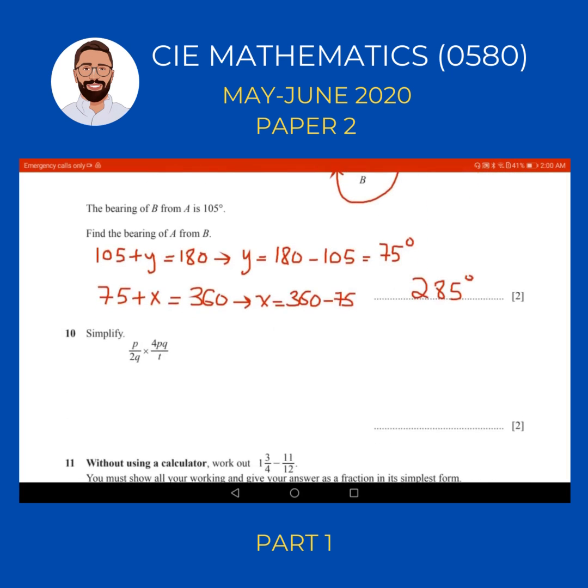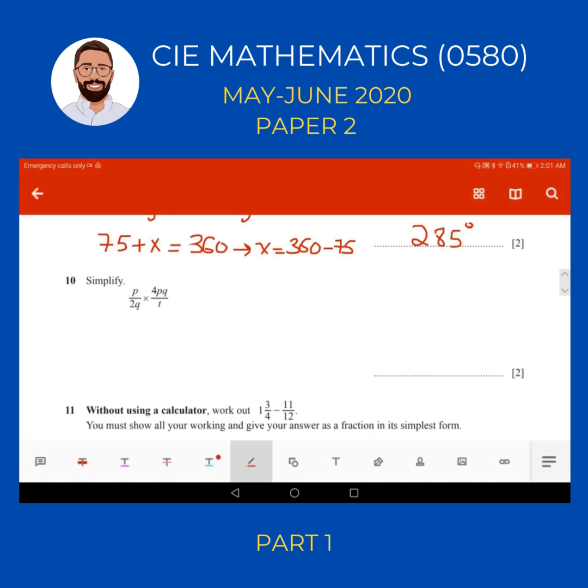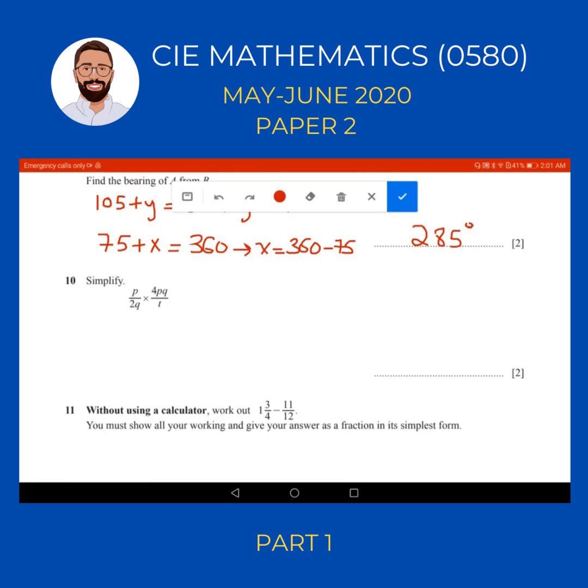Great. Now let's do question 10. We're given 2 algebraic fractions, and I need to simplify these 2 fractions. So the idea here is that I need to multiply the numerators and divide the answer by the result of multiplying the denominators. So here, p times 4pq is 4p squared q, divided by 2q times t is 2qt.